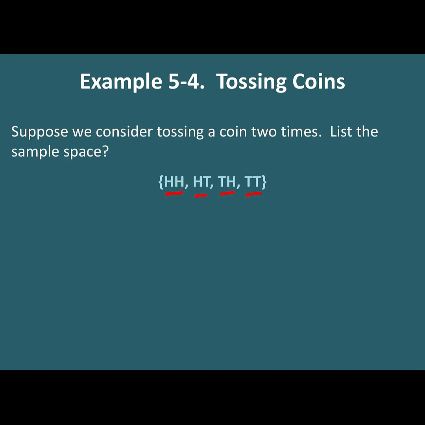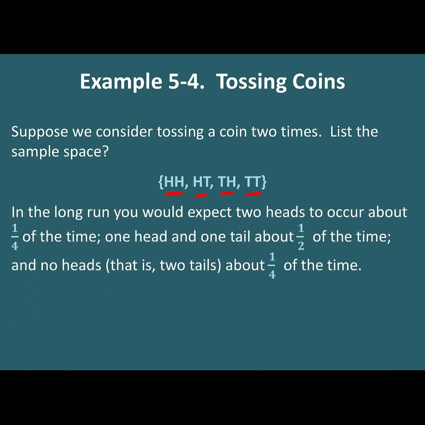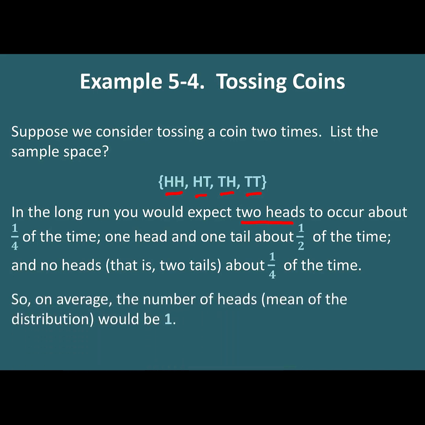There are a total of 4 possible events. Therefore, in the long run, you would expect 2 heads about 1/4 of the time, 1 head and 1 tail about 1/2 the time, and no heads, which is 2 tails, 1/4 of the time.